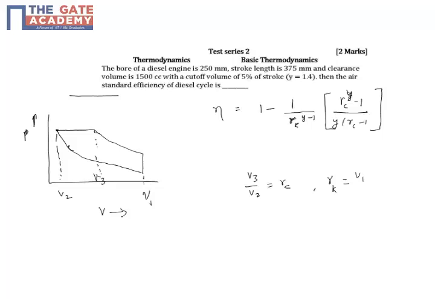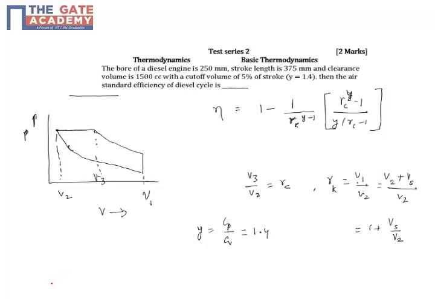Total volume is V1 and minimum volume is V2, the clearance volume, which is the smallest volume at TDC. V1 is V2 plus stroke volume, so the compression ratio is 1 plus stroke volume by clearance volume. The specific heat ratio, for an air standard cycle, is Cp by Cv, and that is directly given as 1.4. So let's find all this and then substitute directly into the efficiency equation.